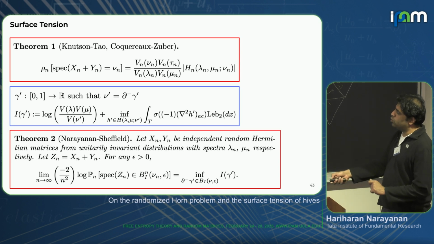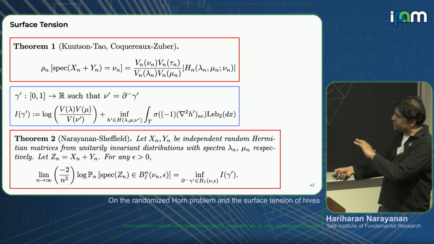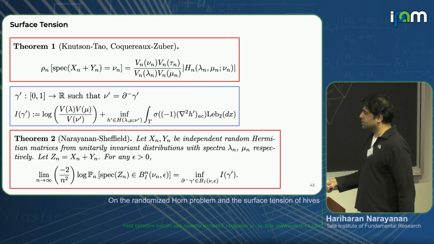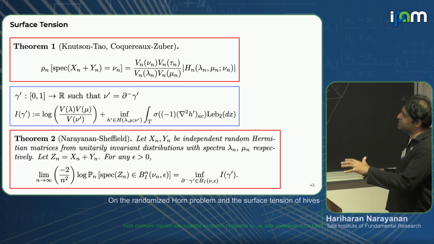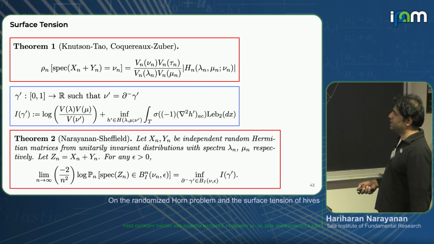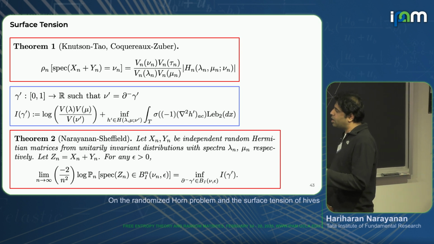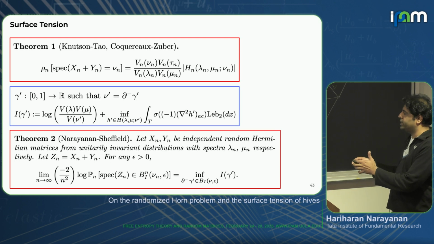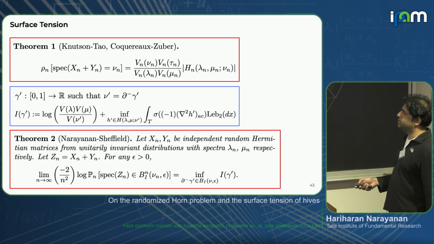It's the infimum over all hives of the surface tension of all hives which have the right boundary conditions. So somehow the best hive is the one that minimizes the surface tension, and that's the one that tells you how you're going to get nu n from this lambda n and mu n.